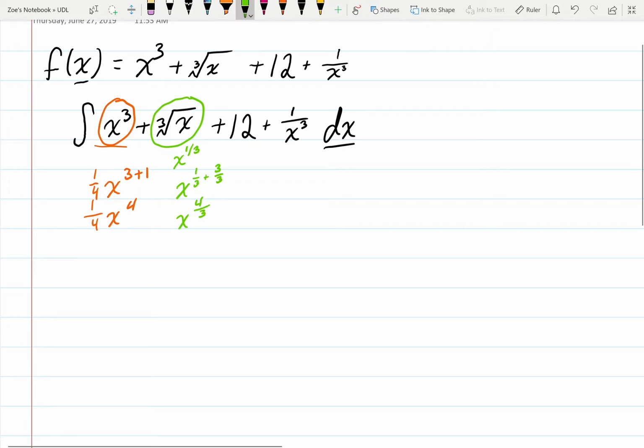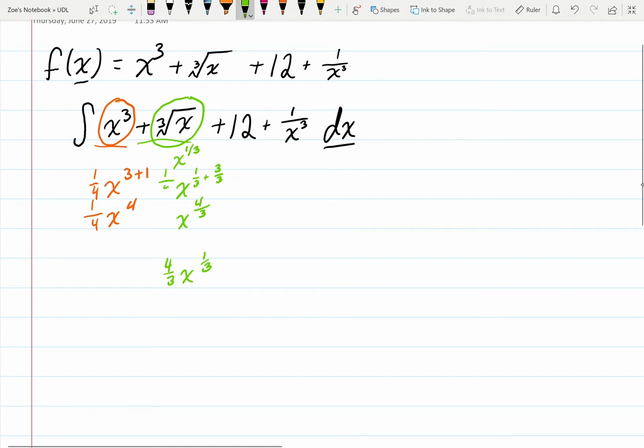Now again, we can't just leave the coefficient as 1, because if we were to take this derivative, it would be 4/3 x to the 1/3. We don't have that as our original function up here. We have to remember to divide by our new power.